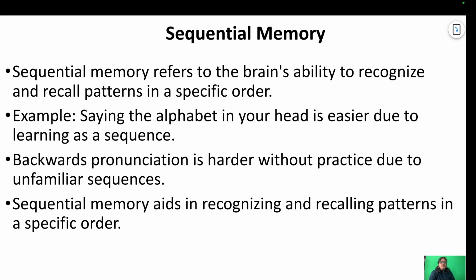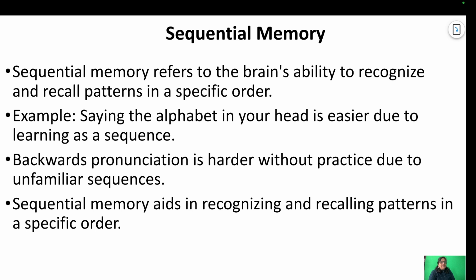Consider the movement of a ball or any object at a particular time, and the position of that object at that time. Suppose you are observing the movement of a ball: at 1 millisecond, what is the position of the ball, at 2 millisecond, what is the position of the ball. To store the position of this ball, we require sequential memory.